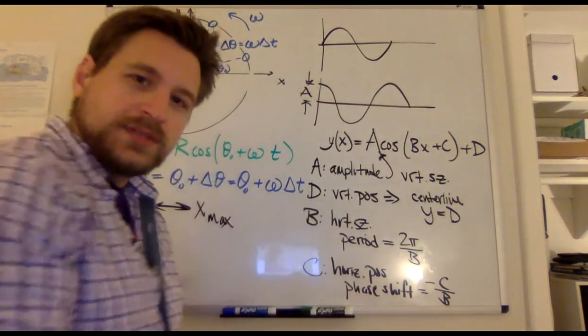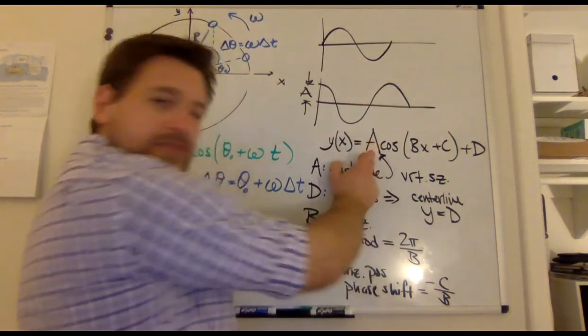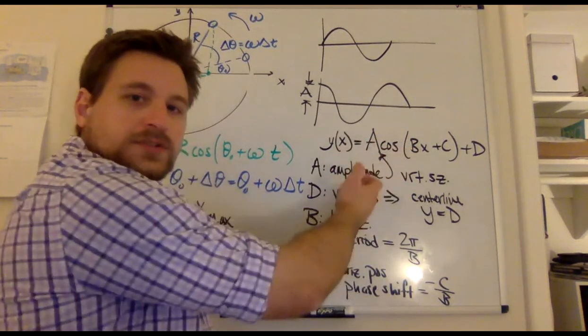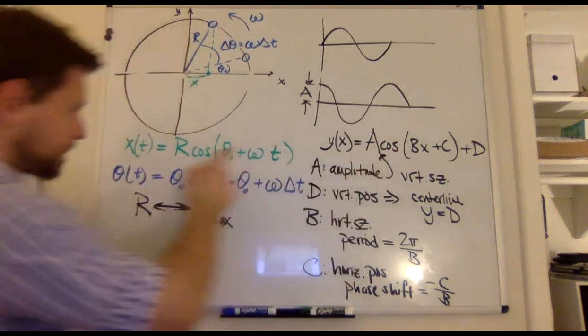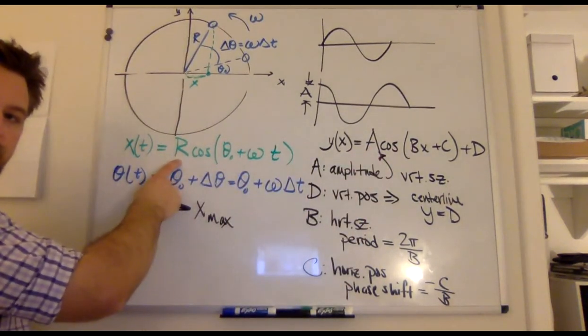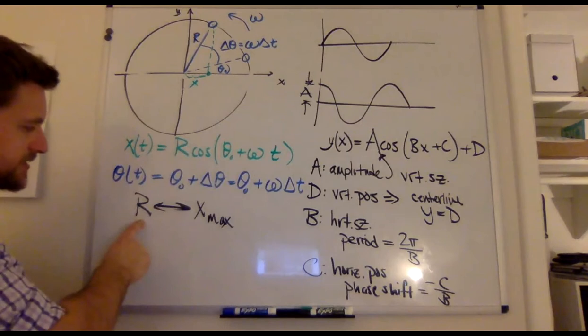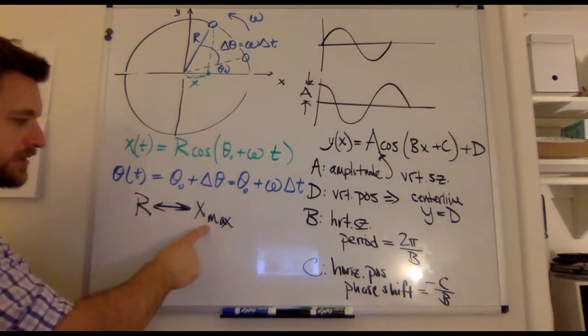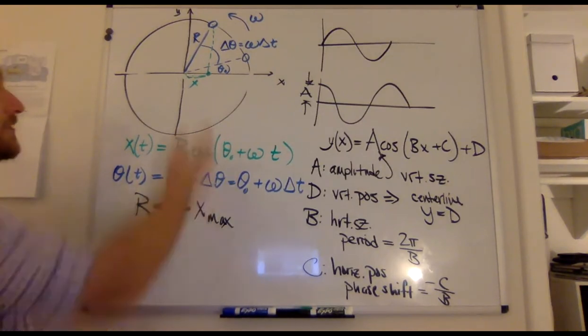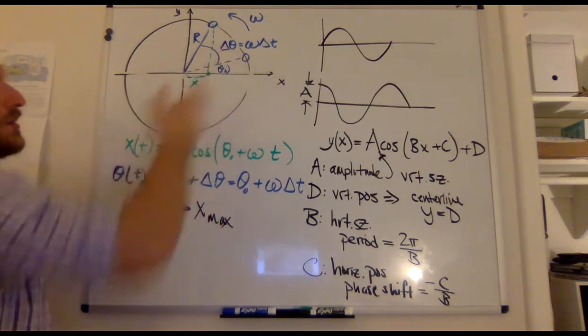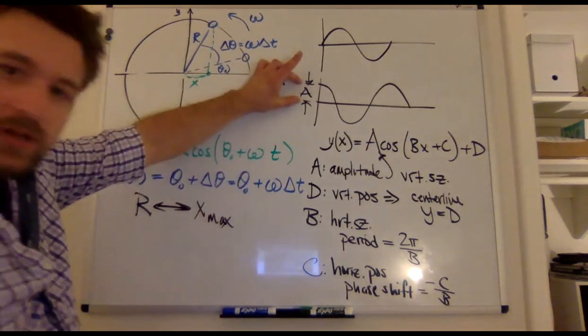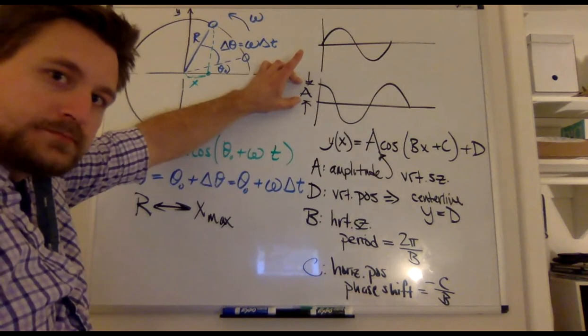Bring this all up because this coefficient of the trig function that we're talking about, that's r. And we just said that r needs to be x max, the maximum distance from equilibrium, which is what amplitude has always been.